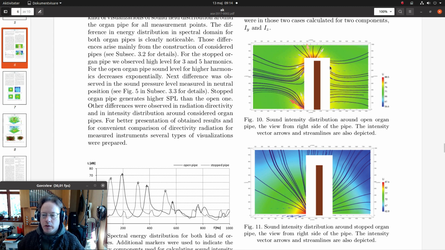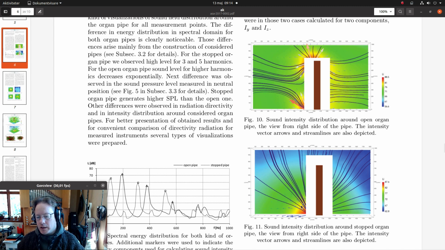But actually the whole body is vibrating and contributing to the sound emission. For a stopped pipe, you have mostly sound emission from the mouth region and some from the body too, but not so much at the top.